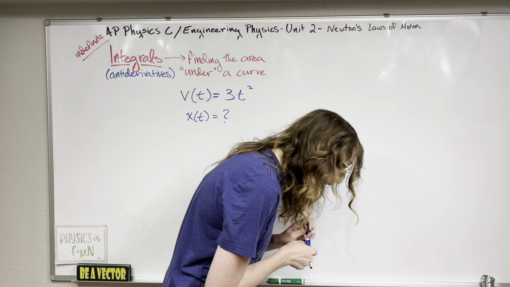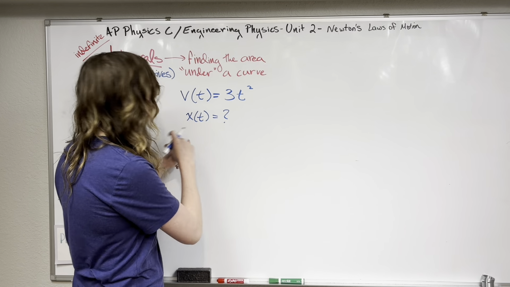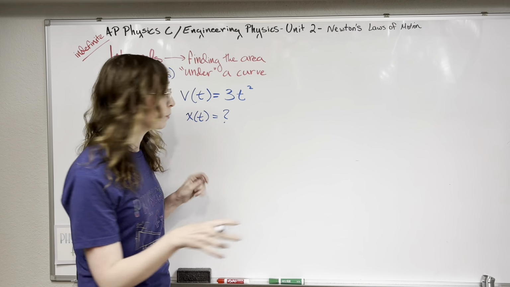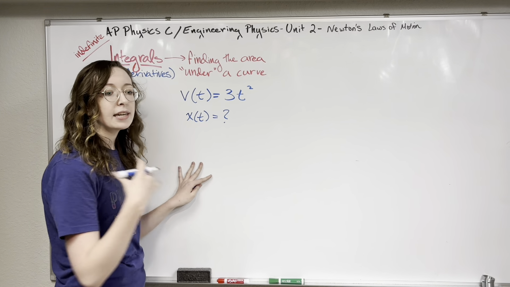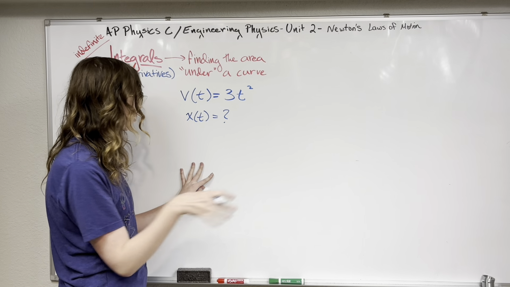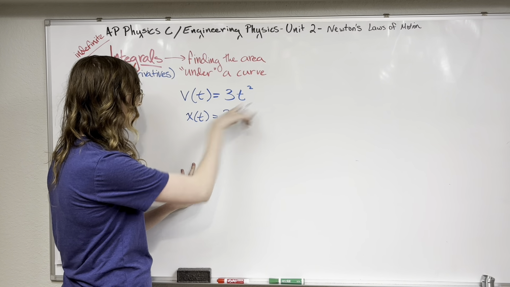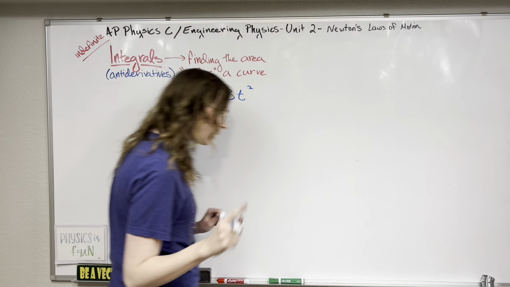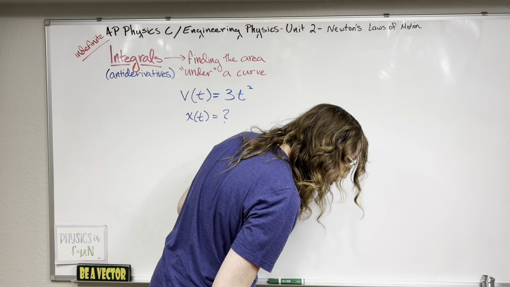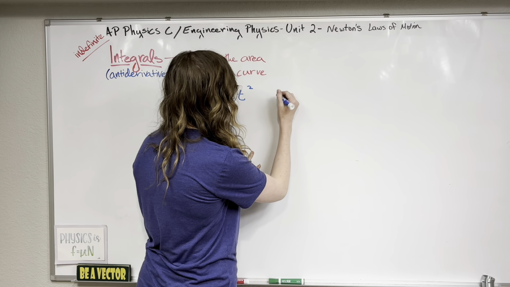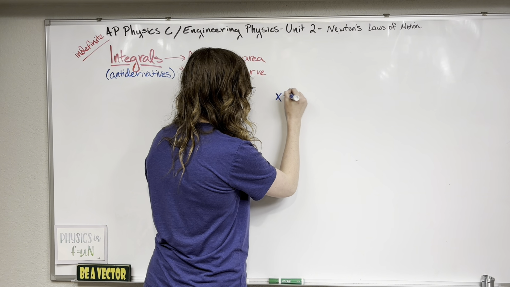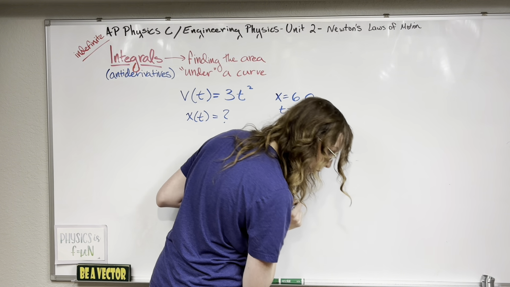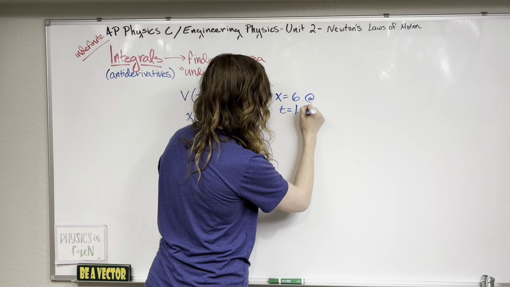Let's say this is my cat's velocity as she runs after cicadas in our backyard, 3 times the time squared. We're trying to find an expression for her position. Thankfully, we also have one other piece of information, that she is 6 meters away at time t equals 1 second.